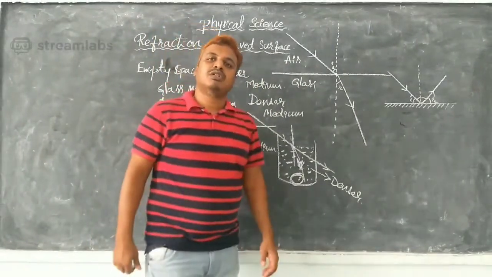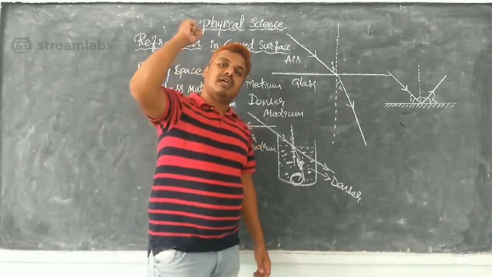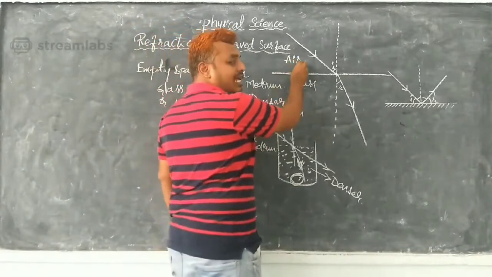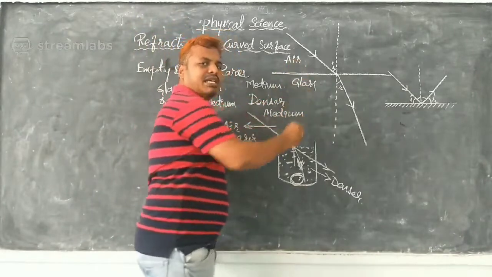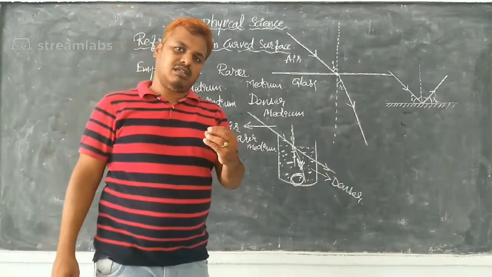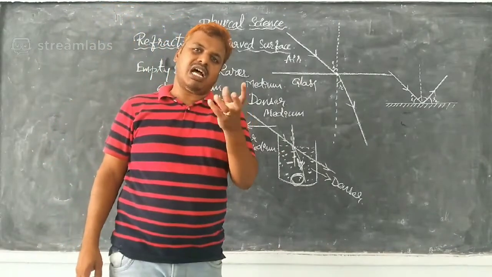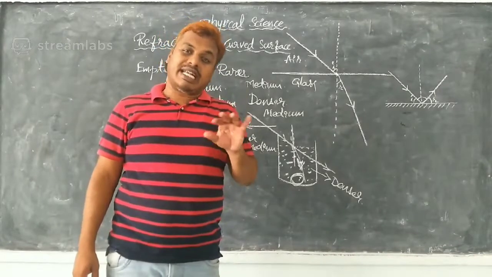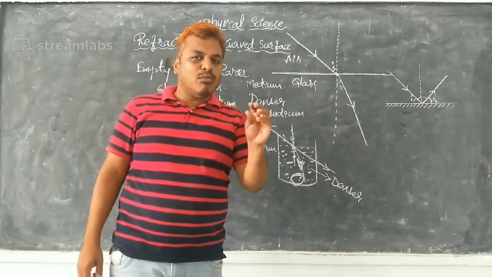When a light ray enters from rarer medium to denser medium, here air medium is the rarer medium and glass medium is the denser medium. Rarer medium means where material particles do not disturb the light ray much, whereas denser medium disturbs it a little more.